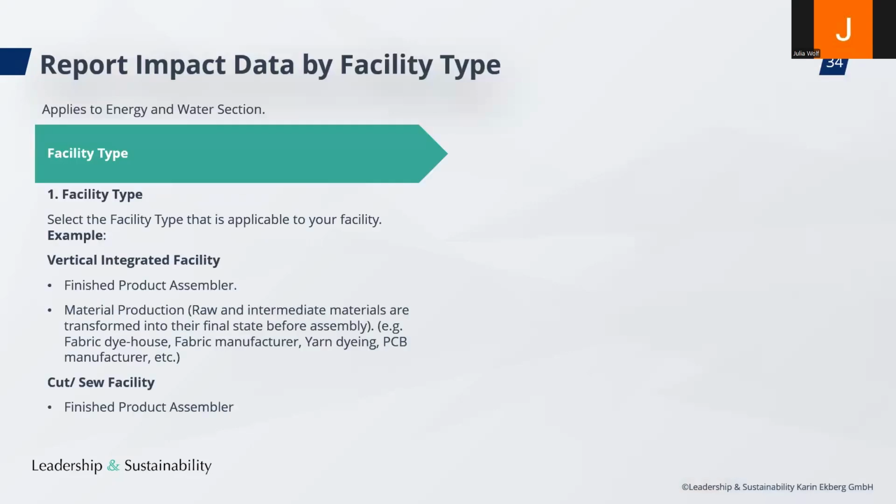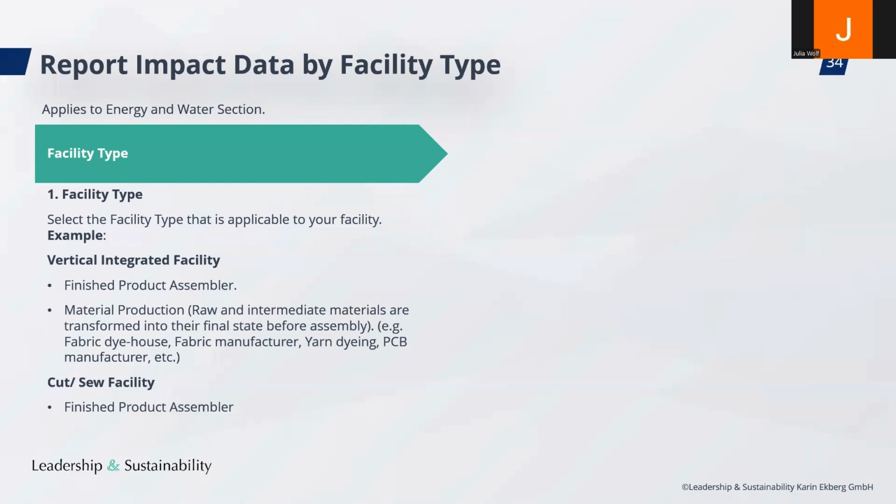And now also, you all know that since last year, so since the FEM 4.0 was launched last year, you can now report data by facility type. So some of you only have one facility type in your company or in your factory, but some others you may have 2 or even more facility types.